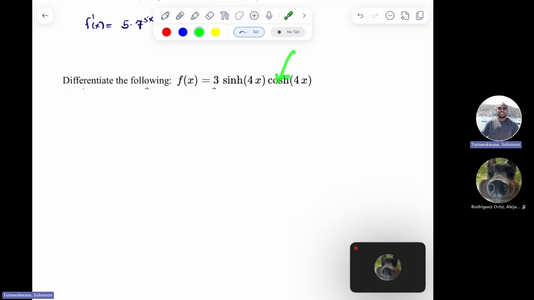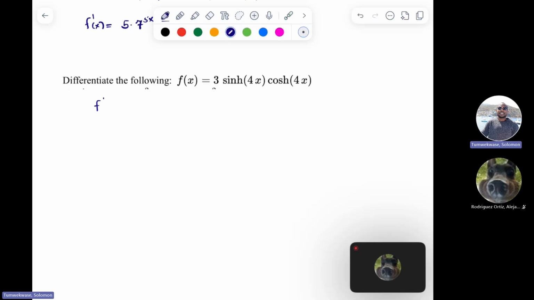The derivative of cosine hyperbolic is sine hyperbolic. Please remember that. In the usual trigonometric functions, the derivative of cosine is negative sine, but the derivative of cosine hyperbolic remains sine hyperbolic, okay?